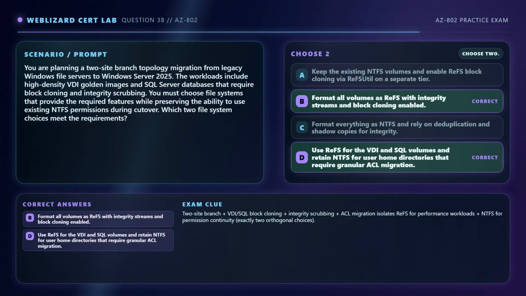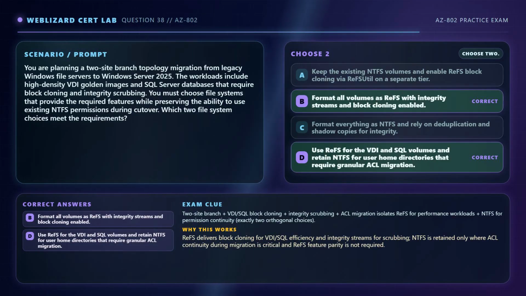The correct answers are B and D. Option B. Format all volumes as ReFS with integrity streams and block cloning enabled. Option D. Use ReFS for the VDI and SQL volumes and retain NTFS for user home directories that require granular ACL migration. ReFS delivers block cloning for VDI, SQL efficiency, and integrity streams for scrubbing.